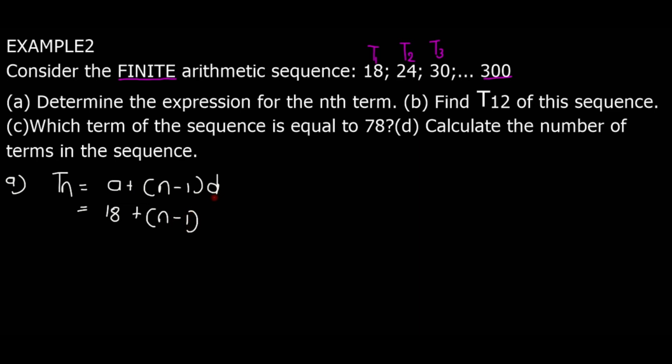And then d is the constant difference. That is, d is T2 minus T1 or T3 minus T2. So d in this case, T2 minus T1, 24 minus 18 is 6.